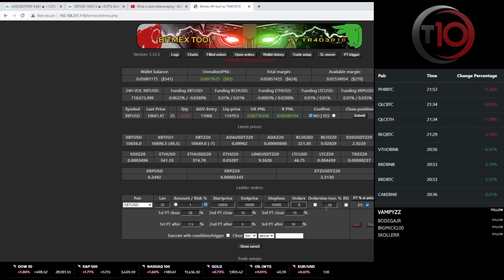And we want to do 3 entries and increment them by 10%. So the first order is one size, the next order is 10% bigger, and the last one is 10% bigger than that one. The tool will actually just calculate the correct sizes and make the total amount you want to risk correct.